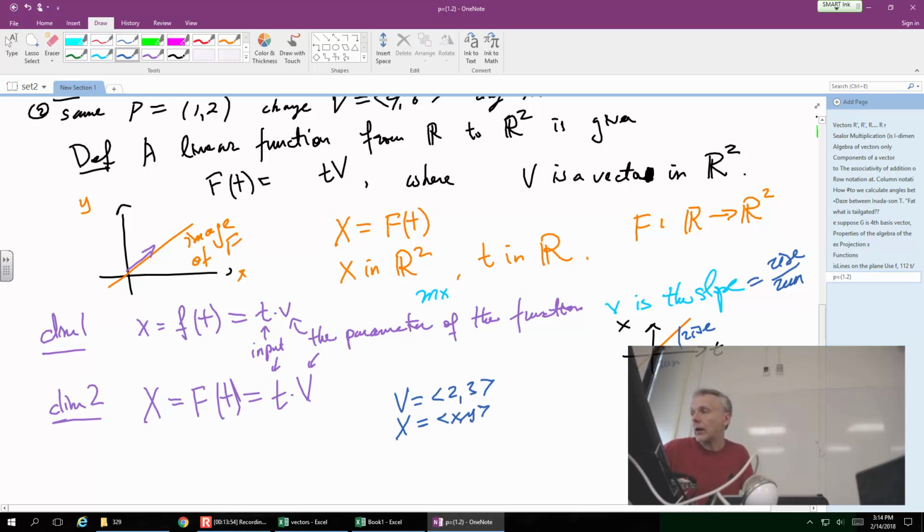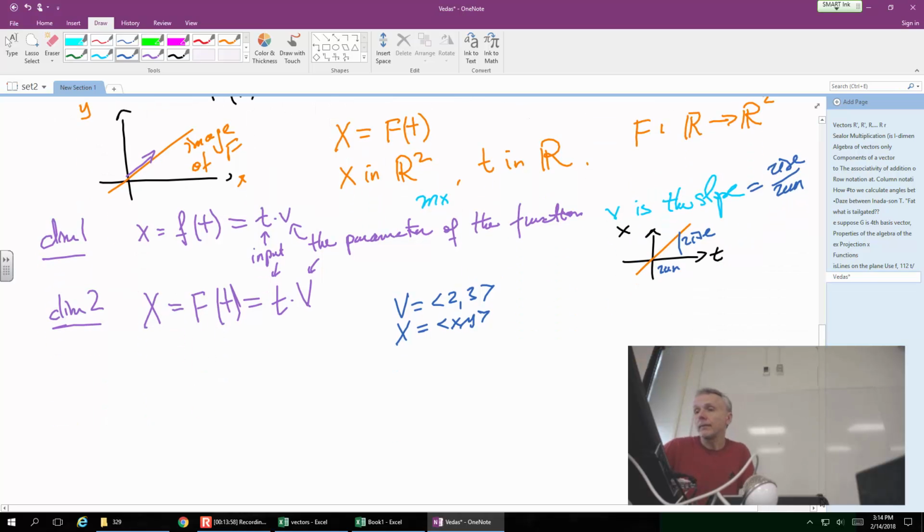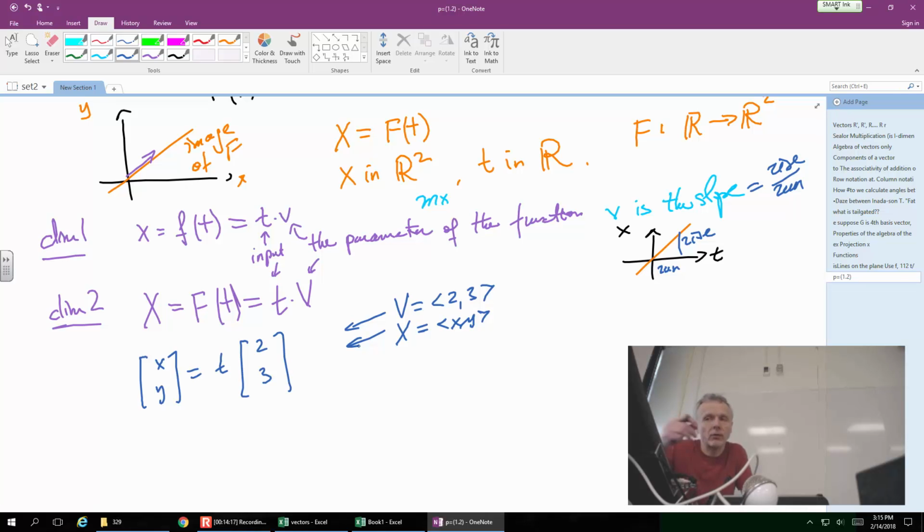Okay, so then what I'm looking at is in fact this. Let me write it in the column form. So x is x, y, t is just a number, and v is, say, 2, 3. Okay, so I specified v as a specific vector, and for x I just named the two components of that vector, x lowercase, y lowercase.